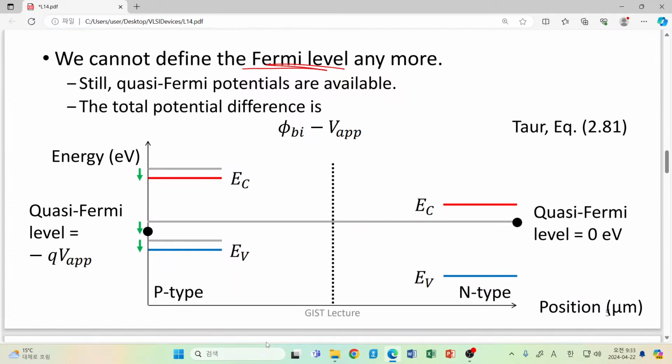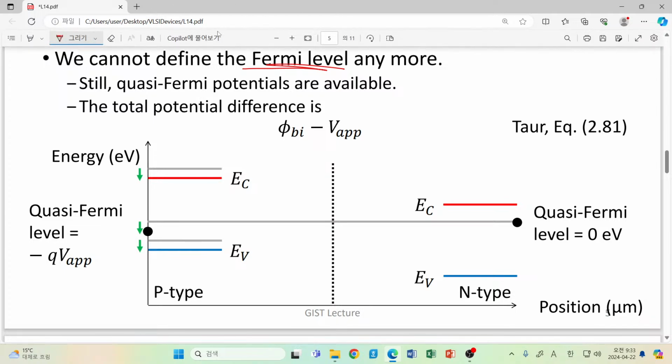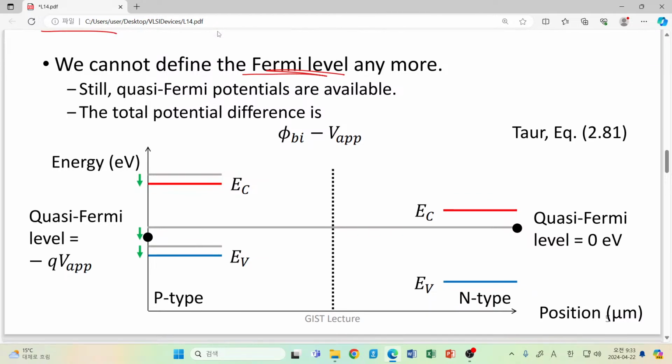But fortunately, although we cannot define a Fermi level, we know the deviation from that energy level. For example, let's say that in the n-type region we have applied just 0 volt, then no change at all. Good. And in the case of the p-type region, let's say that we applied, for example, 0.1 volt, then what will happen in our case?